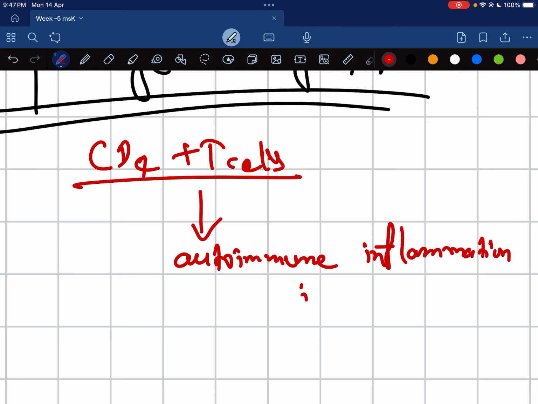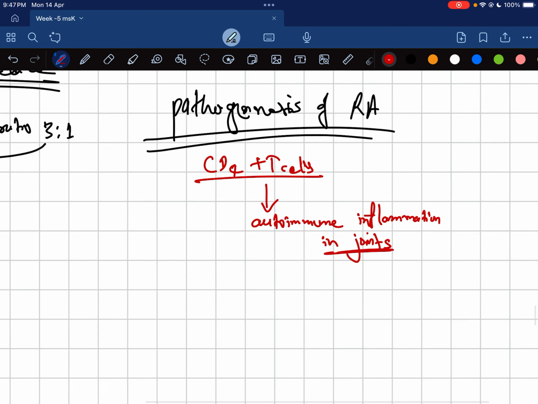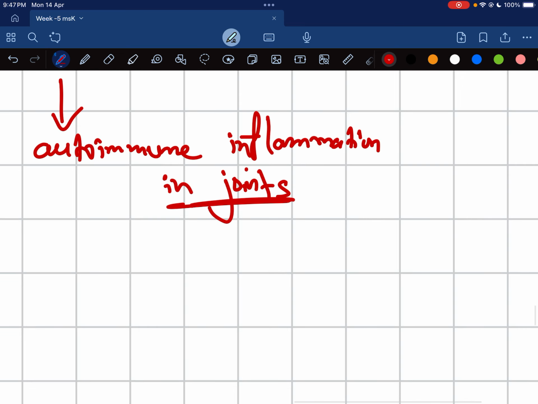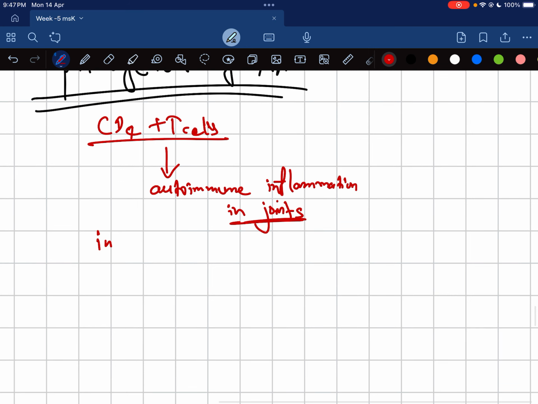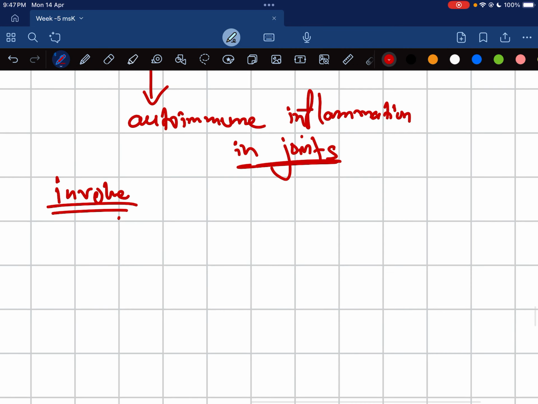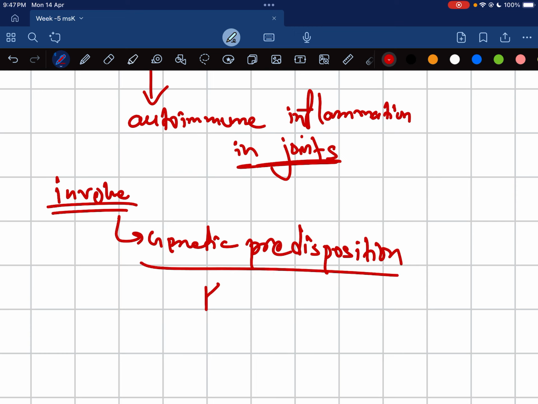There is also involvement of genetic predisposition and environmental triggers. Genetic predisposition includes HLA-DR4.